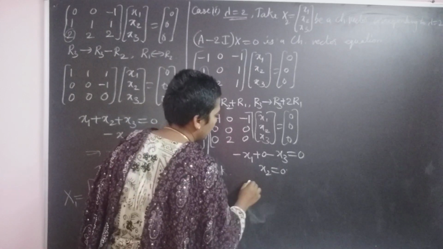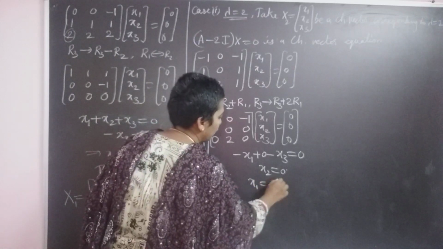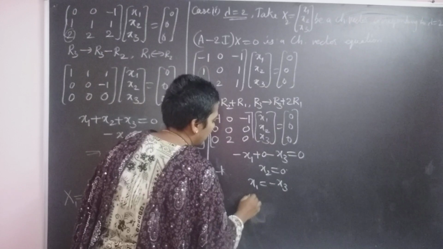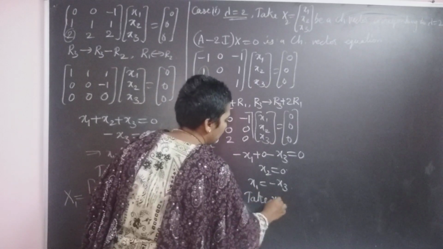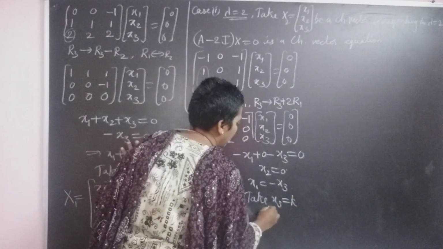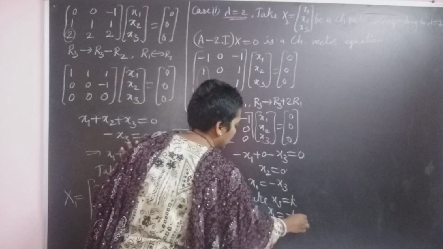Then here x2 is 0, which means x1 is equal to minus x3. Take x3 equal to k, then x1 equal to minus k.